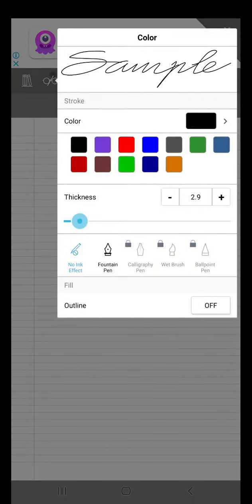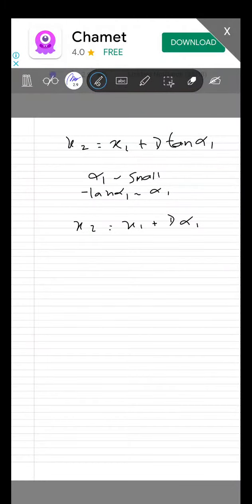Now, lambda 1 is equal to mu 1 cos theta, and for the same reason, since alpha 1 is small, we can write lambda 1 as mu 1 alpha 1 and lambda 2 as mu 2 alpha 2.